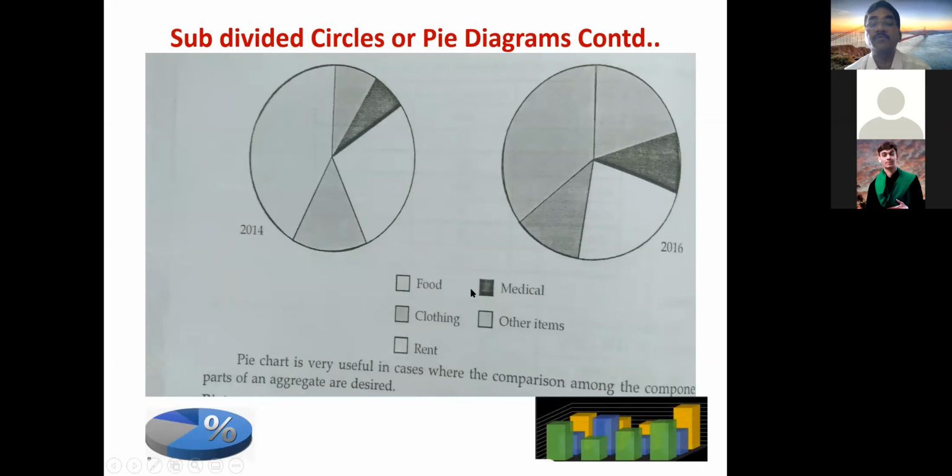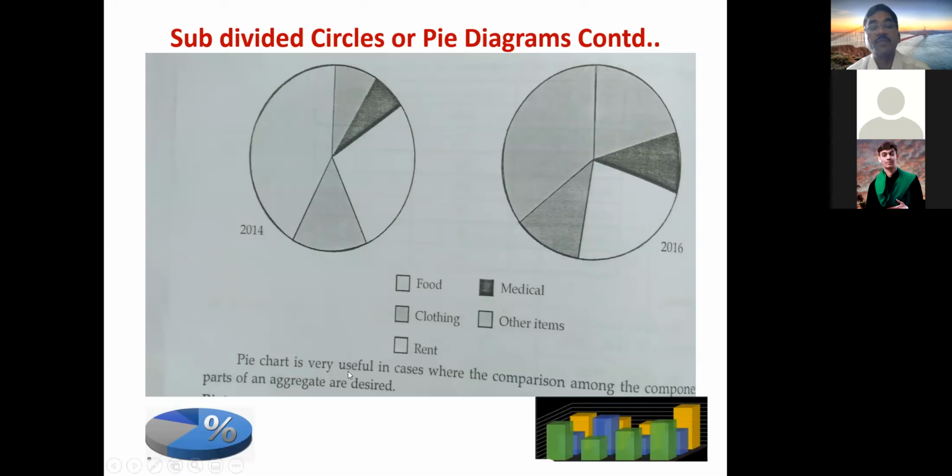Because of the values, automatically the segments of the diagram also will be different, because the measurement varies from one component to another component.